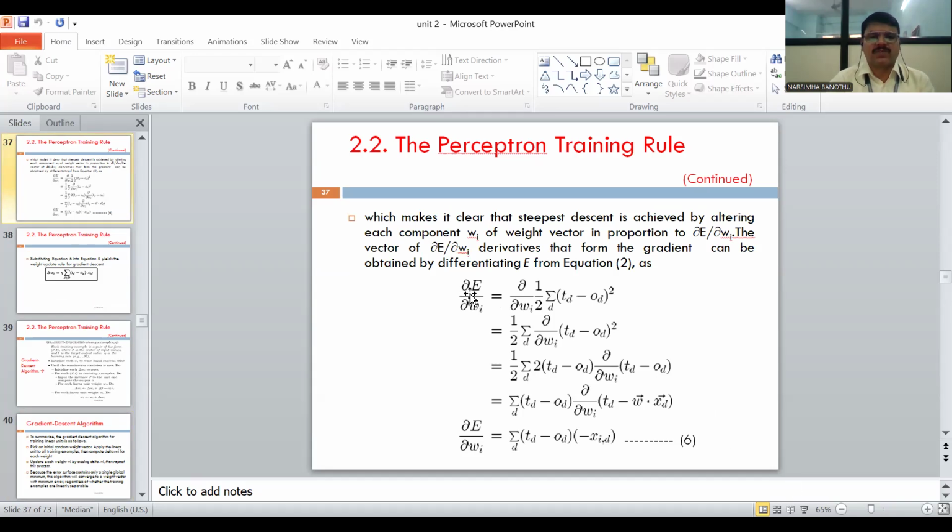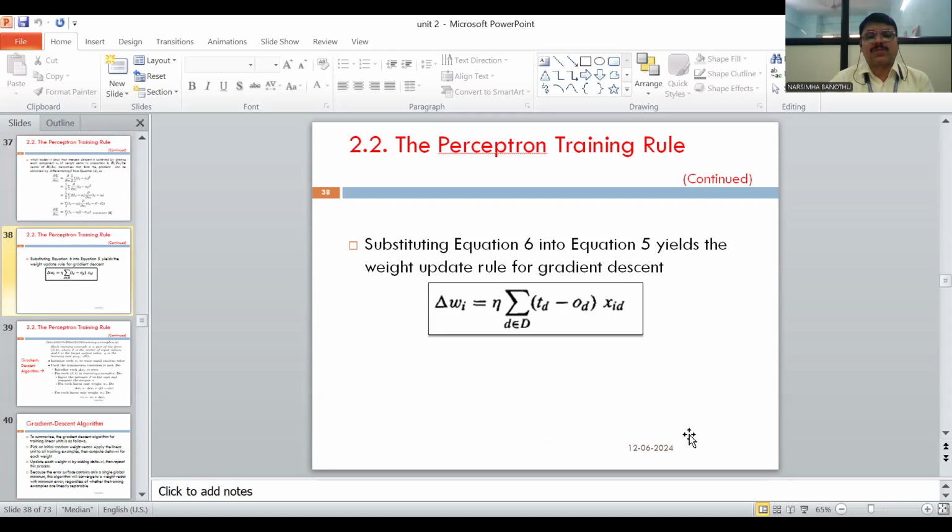Dou E by dou Wi is equal to dou by dou Wi of 1 by 2 into sigma d belongs to capital D, (t_d minus o_d) whole square. I am bringing this 1 by 2 in front, and then for the square, I bring down the 2 of (t_d minus o_d). Then dou E by dou Wi is equal to the expression we call equation 6.